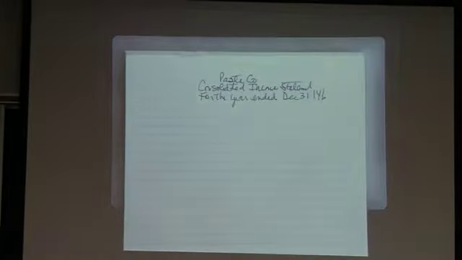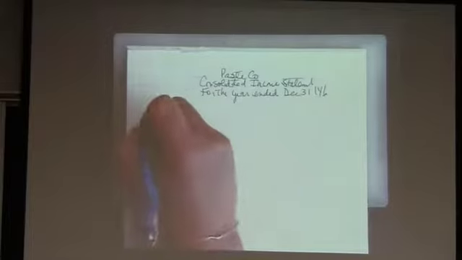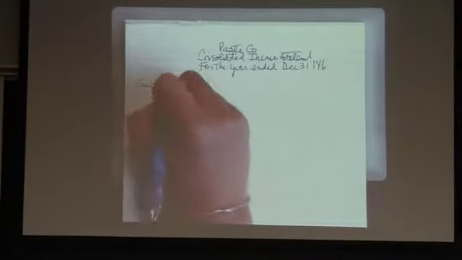So let's look at it. Let's start with sales. So again, starting with sales, and again, we're going to use the direct method as you've seen before.